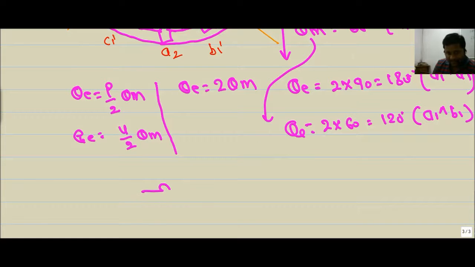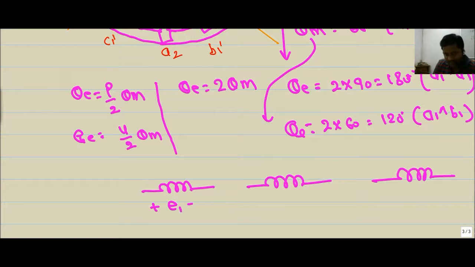So we can draw the three phases A, B, and C, with voltages plus minus E1, plus minus E2, and plus minus E3.